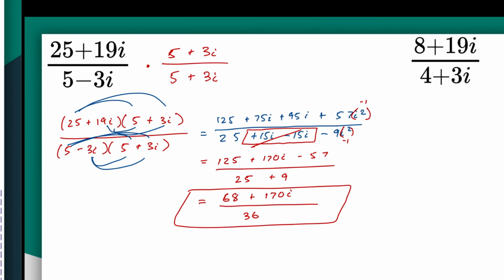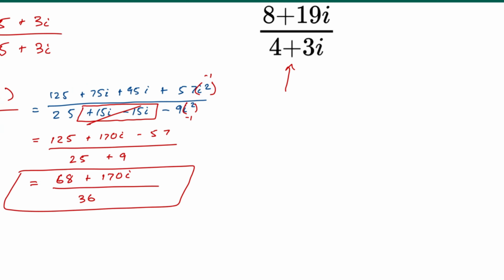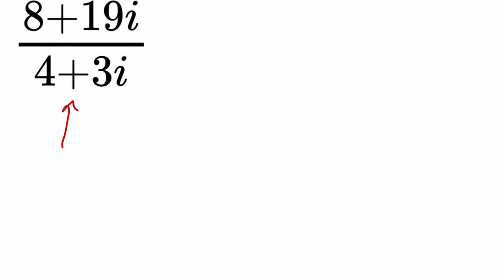All right, now I have another one to do. 8 plus 19i divided by 4 plus 3i. And the reason why I'm doing this one is because I want you to see how we do a complex conjugate when there's a plus instead of a minus. And it's the same thing. You just do the opposite. This becomes, multiplying by 4 minus 3i over 4 minus 3i.